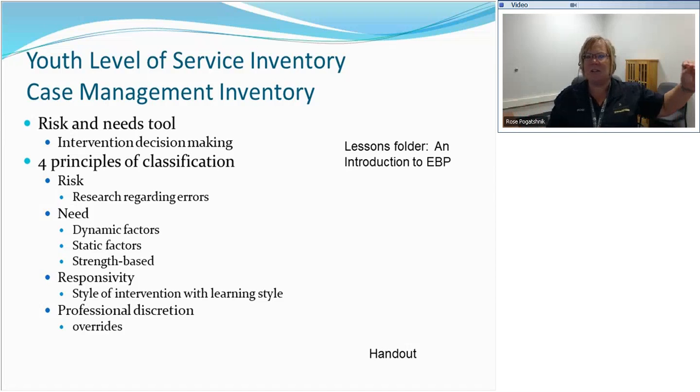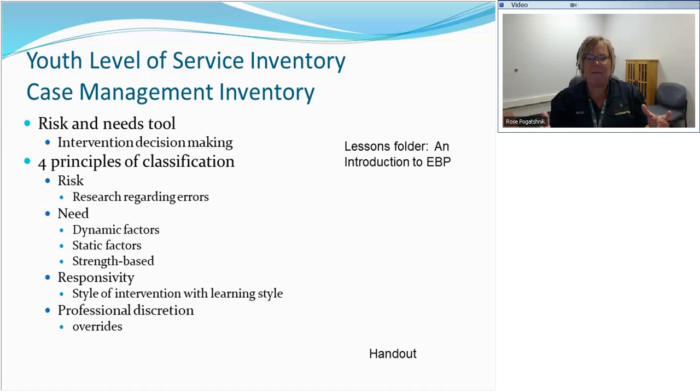They're in the history, or they are things that we can't really do anything about, but we certainly are going to take that into consideration in assessing needs. So a child who has a learning disability, obviously we can take that into consideration and help them process through that, but that's really a static factor that we can't do anything about.